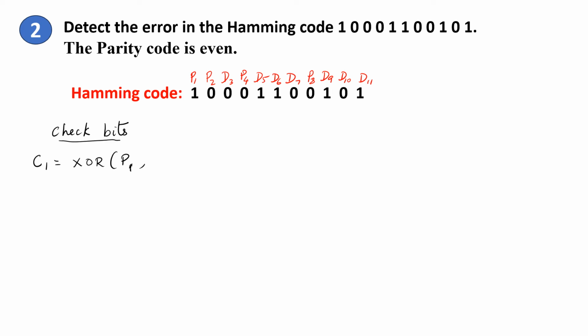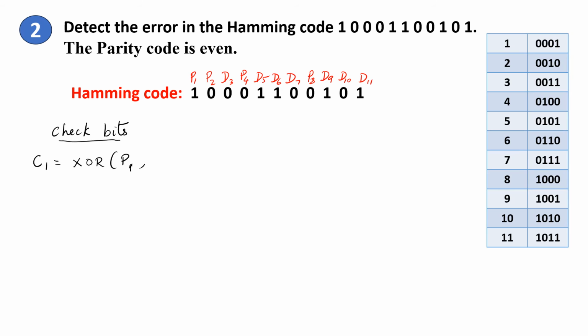As I said in the previous problem, we can use this table and find the data bits. In the first position, wherever 1 is present, we have to choose. This is similar to the previous problem.